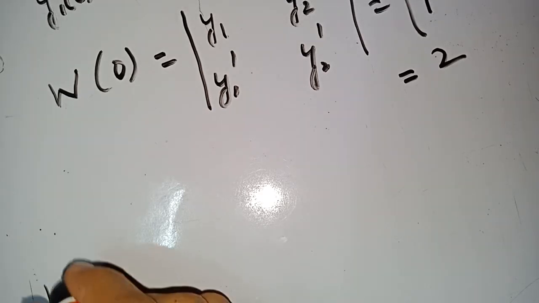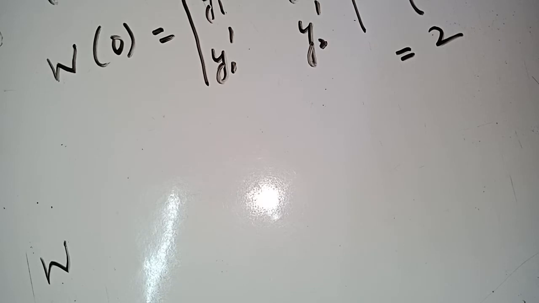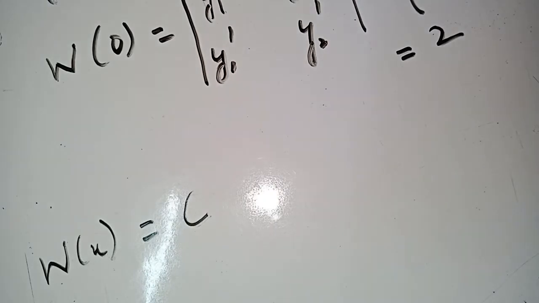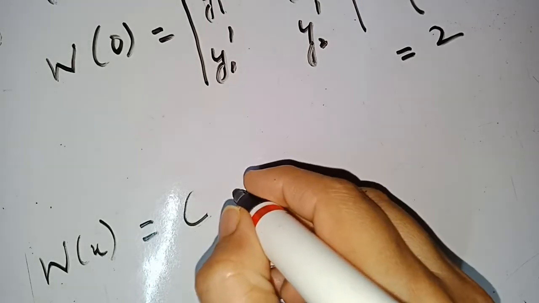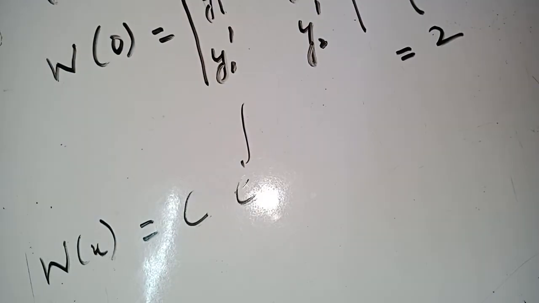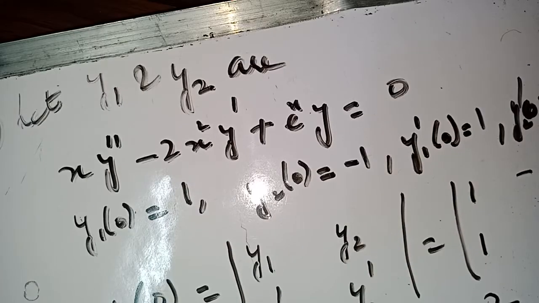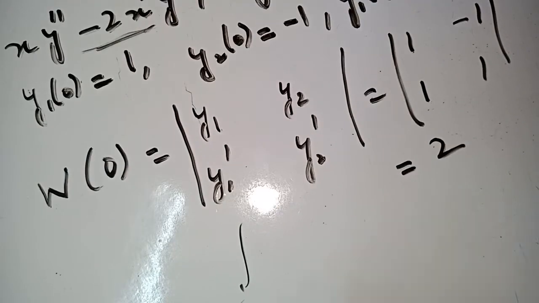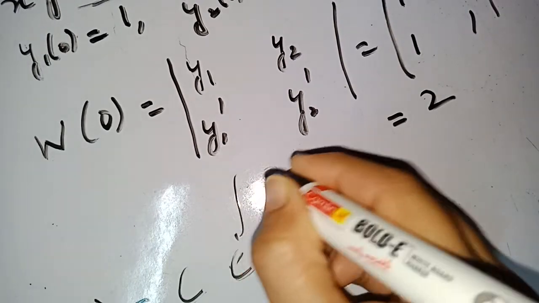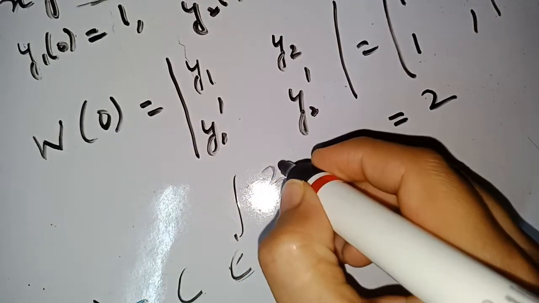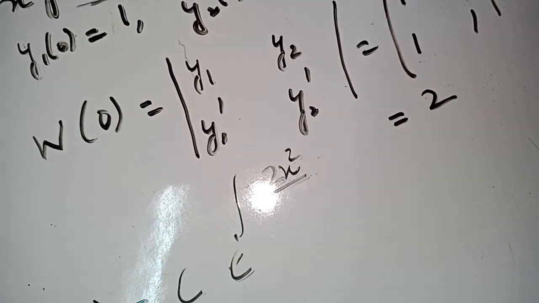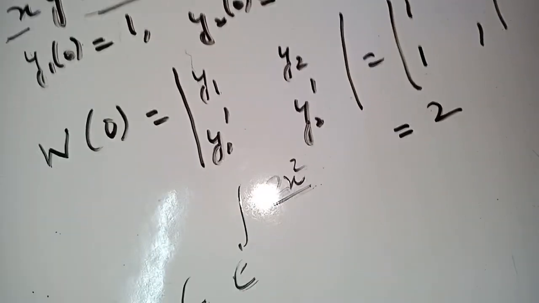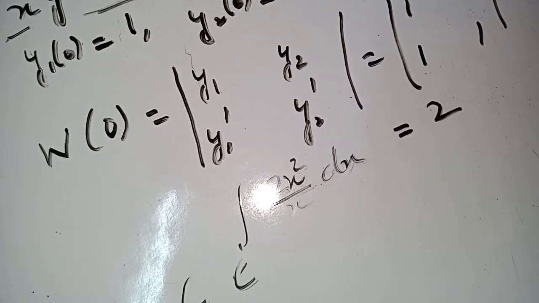Now we find the Wronskian at x. That is equal to, applying Abel's formula, c e raised to the power integral of p1 upon p0, that is minus 2x square upon x, dx.